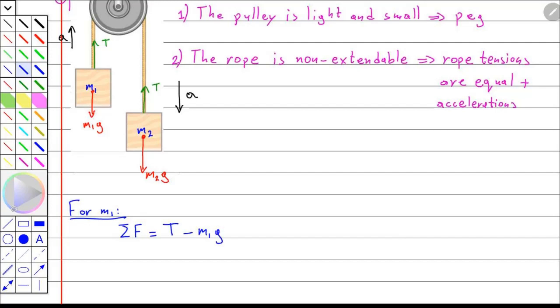Since there are no other forces on the y-axis, we set this equal to M1, the mass of the object, times its acceleration. This is equation number 1.